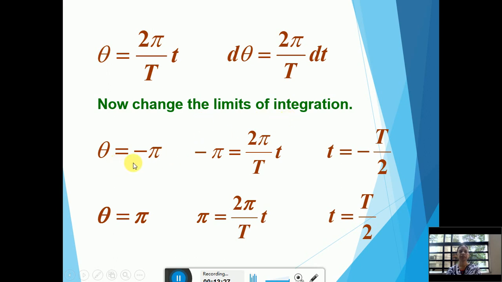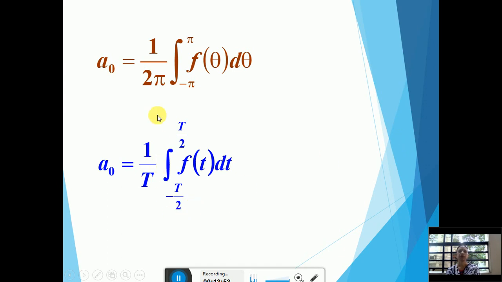Change the limits of integration. Minus pi means minus T by 2, isn't it? So what is pi from here? 2 pi is T, so pi is T by 2. So when you are integrating between minus pi to pi, it is in effect integrating between the limits minus T by 2 to T by 2.